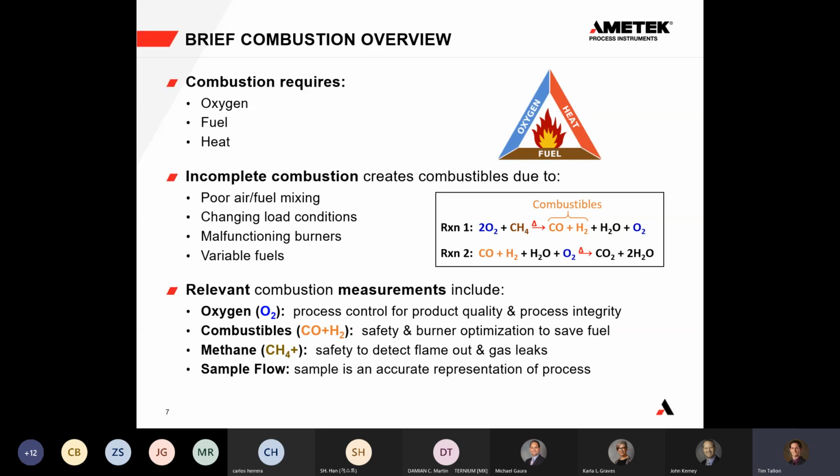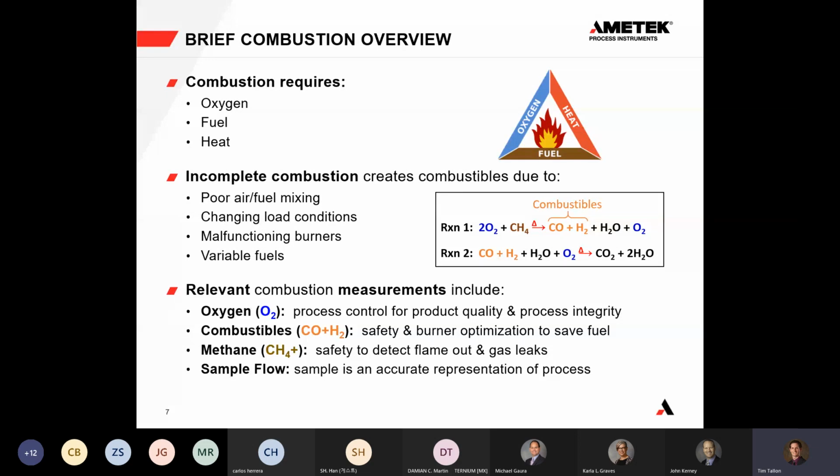Now, there are times where you create incomplete combustion, where the fuel is not fully oxidized to carbon dioxide and water. And that can happen because of poor air-to-fuel mixing, or malfunctioning burners, or variable fuels. And basically what these 2 reactions, these are simplistic reactions, but just for our discussion, the first reaction, you have oxygen and methane reacting to form carbon monoxide and hydrogen.